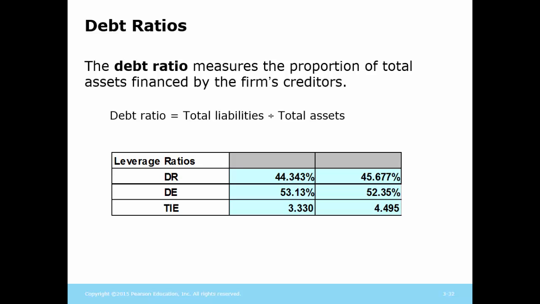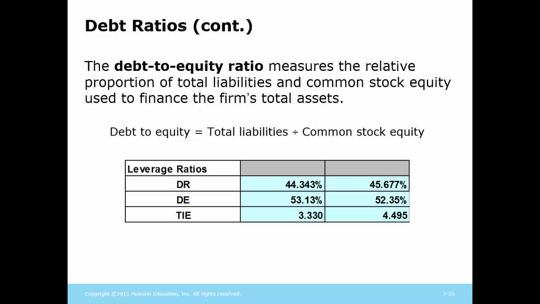Now, is that increase a short-term increase or is it a long-term increase? The next ratio we talk about will help us understand that a little bit, but for right now, we just need to know that roughly 45% of the company's assets have been purchased by borrowing money. The debt equity ratio just looks at the long-term sources. So the debt equity ratio went from 53% to 52%.